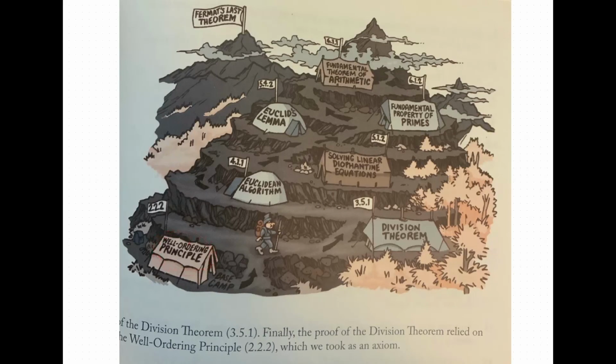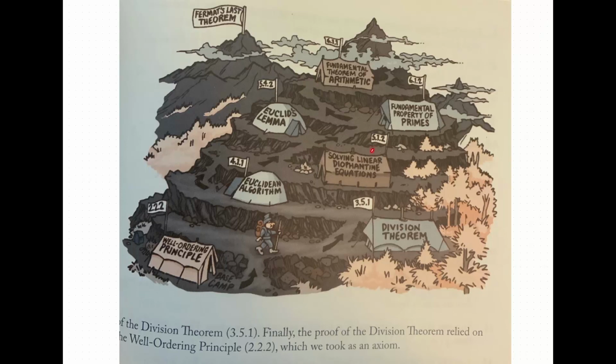And through the well-ordering principle, which is equivalent to induction, we proved the division theorem. We also discussed in our last lesson the Euclidean algorithm. Now, the textbook talks about solving linear Diophantine equations. In reality, this is very related to Bezout's lemma, but we did not have time to go into that.